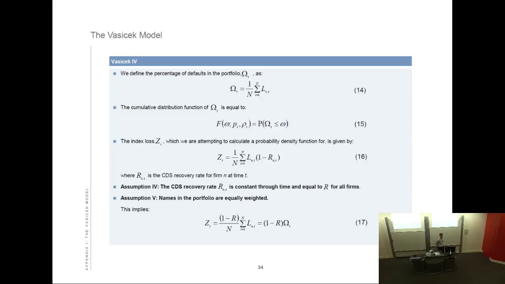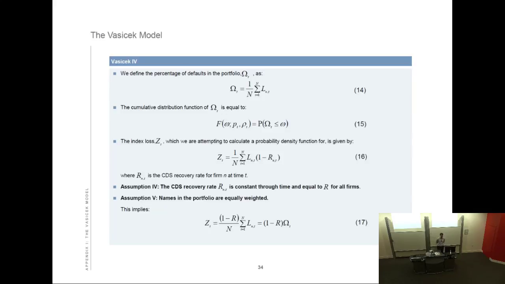So we just have to bring in the individual names' loss, 1 minus the recovery, but keep that format of 1 over n, sum of i equals 1 to n of the individual losses times 1 minus recovery of each name.